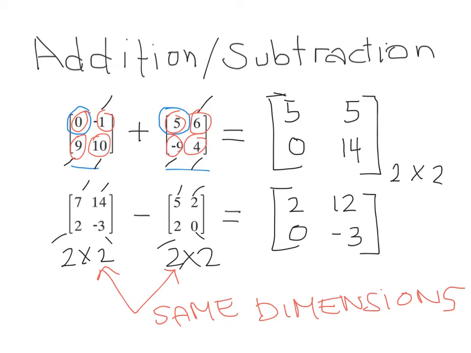I could call up just one of these entries. So for example, what is just this entry in the subtraction of these two matrices?